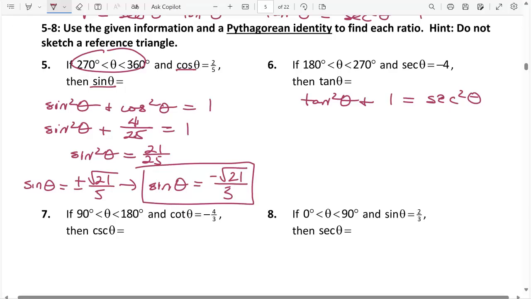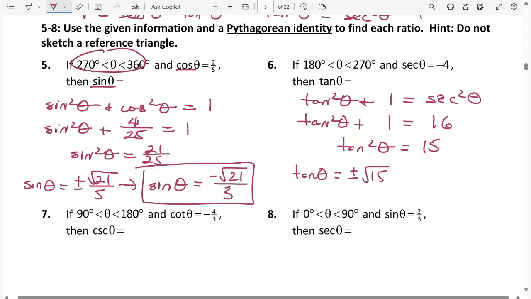And now we replace the secant of theta with negative 4. Then secant squared of theta is 16. Subtracting 1, that gives us tangent squared of theta is equal to 15. And tangent of theta is either equal to plus or minus the square root of 15.